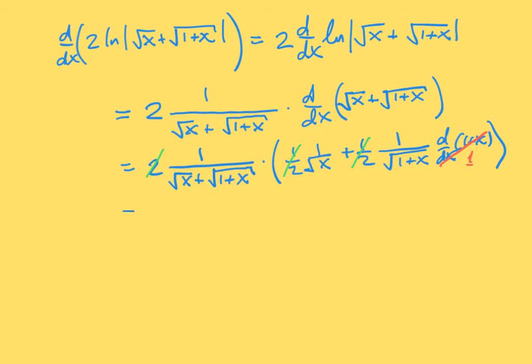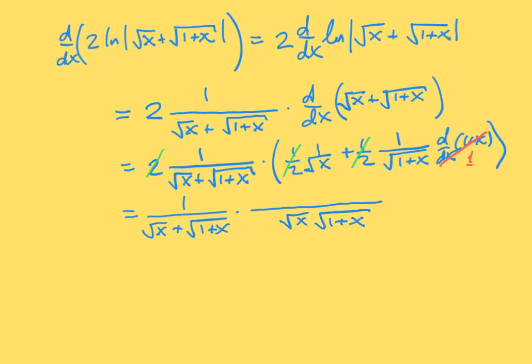So what we have is 1 over the sum of our two roots, root x plus root 1 plus x. And the common denominator here, because these two factors are different, is going to be their product. So it is going to be root x times root 1 plus x.